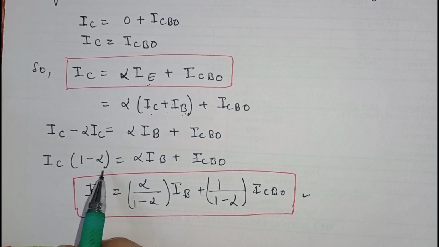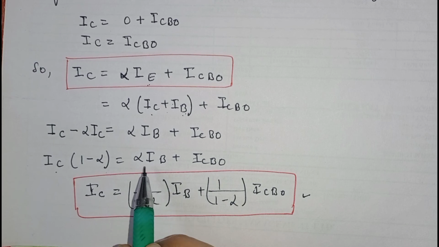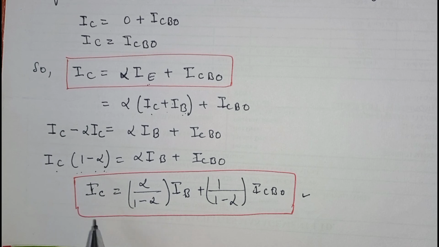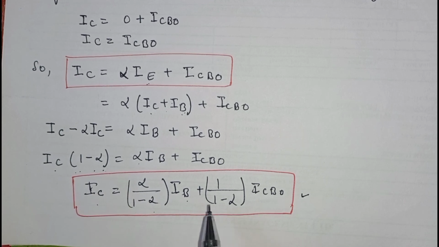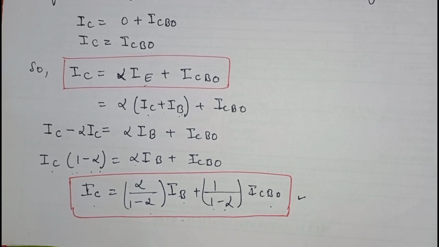IC into 1 minus alpha, because it is taken common, and on the right side this is alpha IB plus ICBO. Now we will take this term to the right side. So IC equals alpha upon 1 minus alpha, this term, into IB plus 1 upon 1 minus alpha into ICBO. This is another equation for IC.